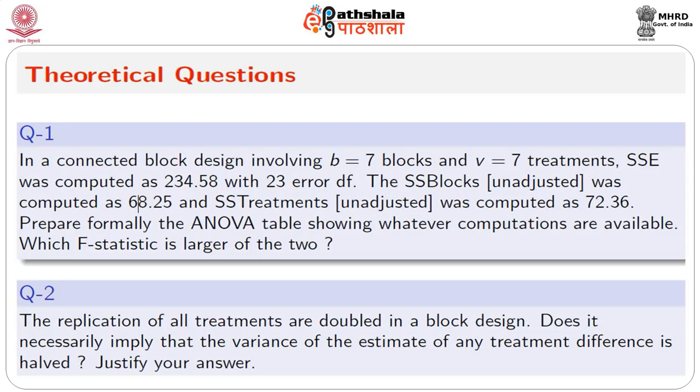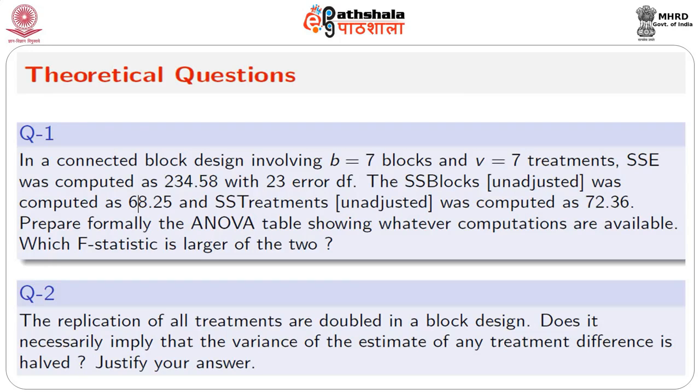So do we know how much is there for the sum of squares due to treatments adjusted? No. How much is sum of squares due to blocks adjusted? No. All we know is that the treatment sum of squares, they don't even give the total sum of squares, isn't that? No, sir. So I think in this question we need to have, it says prepare formally ANOVA table showing whatever computations are available. I think the problem is not complete.